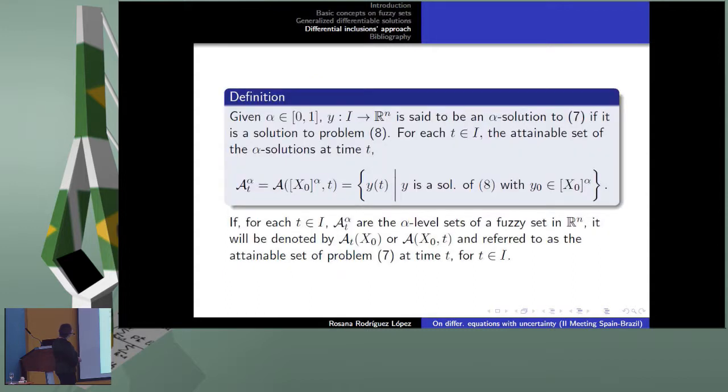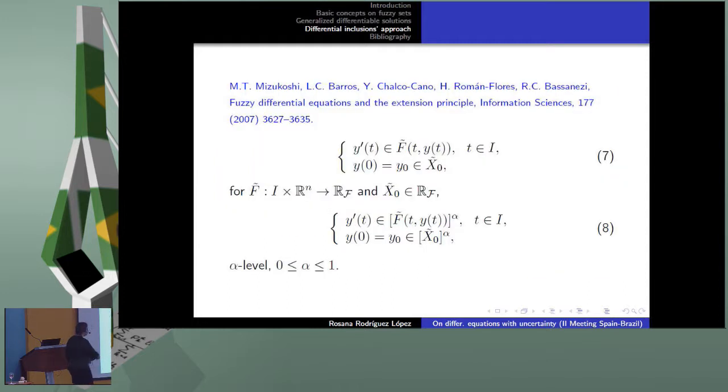So one question when using the differential inclusions approach is, okay, you have a problem in fuzzy sets. You are going to cut and have a family of differential inclusions. You are going to solve quite easily many problems for each level. But now, are you able to put all the intervals together and get a fuzzy solution? So Phil Diamond, in a work published in Transactions on Fuzzy Systems and Fuzzy Sets and Systems, gives the sufficient conditions for this to be fulfilled, which are basically a boundedness condition about these functions f.